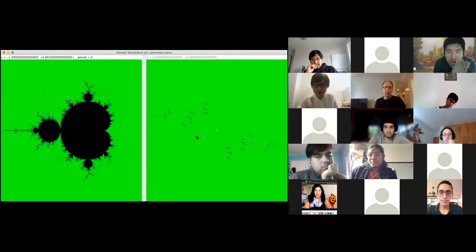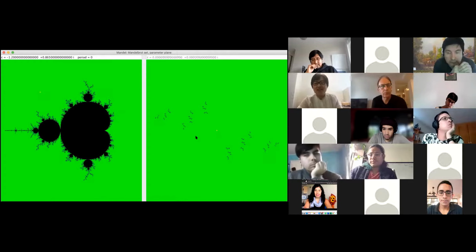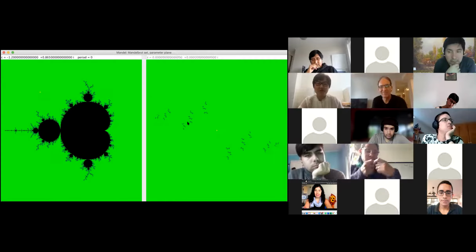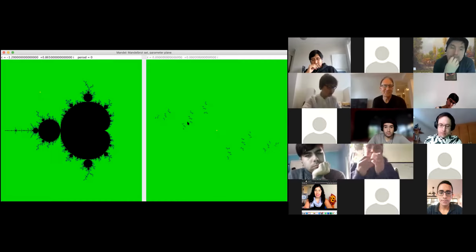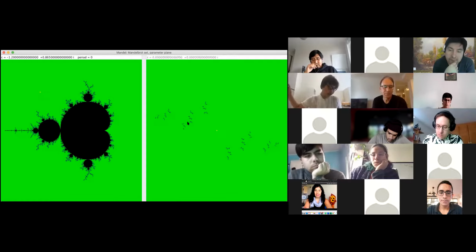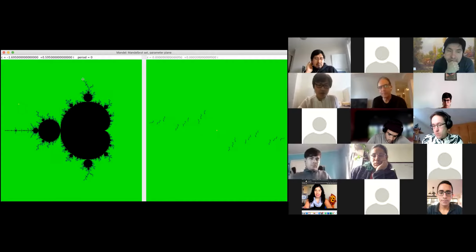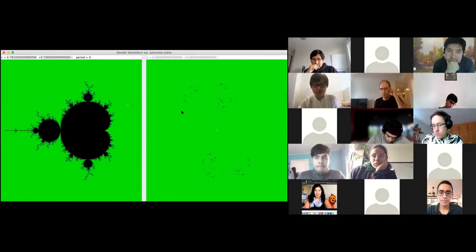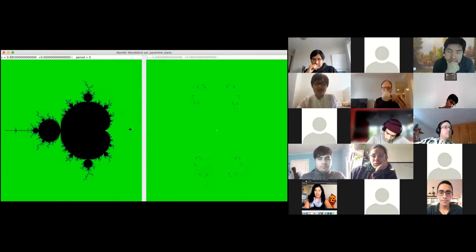So what is cool, if you look at the right-hand side, the Julia set is a Cantor set. What about the green part? The green part is the plane minus a Cantor set, which is our big surface. So this is where the big surface comes into the game. So basically, in order to study the shift locus, the space of these polynomials, we can look at this big surface, which comes from their dynamics.